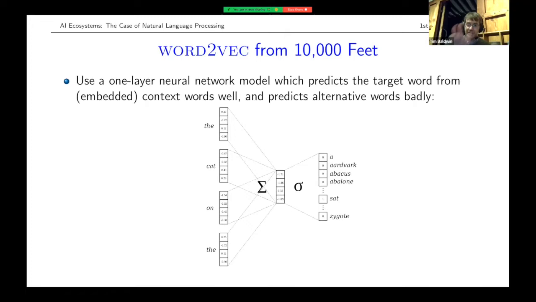In the first example, where we've got "the cat", a masked word, "on the", and we're trying to predict what that word is, we do something like this, where the representations we have for each of our context words is an embedding, as we said before, so a vector of real numbers. We have some method of aggregating over those. In the case of the simplest model, it's a simple summation across the individual values.